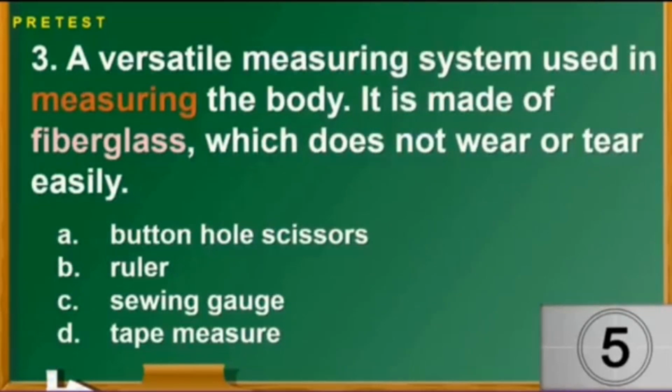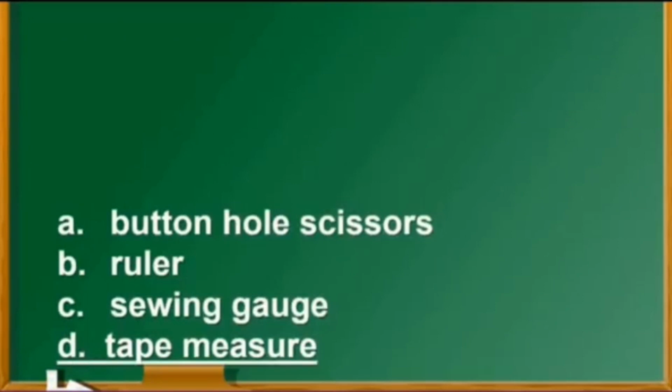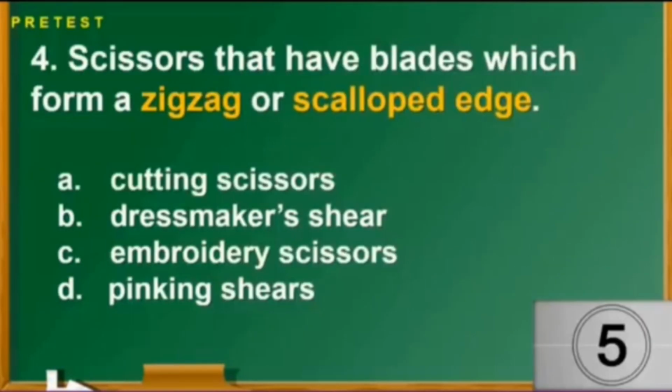Number 3. A versatile measuring system used in measuring the body. It is made of fiberglass which does not wear or tear easily. The answer, tape measure. Number 4. Scissors that have blades which form a zigzag or scallop edge.